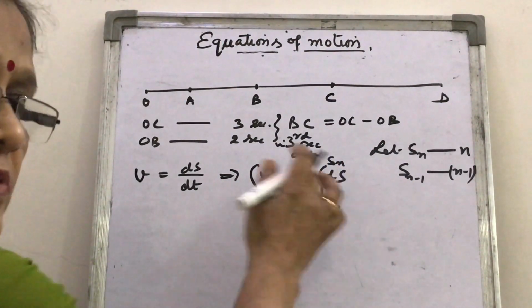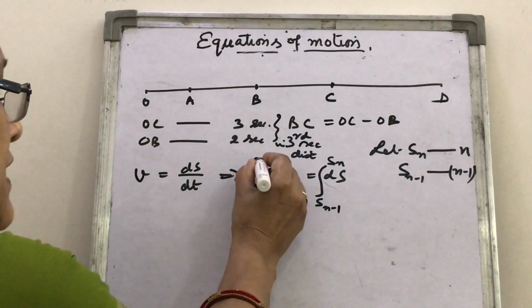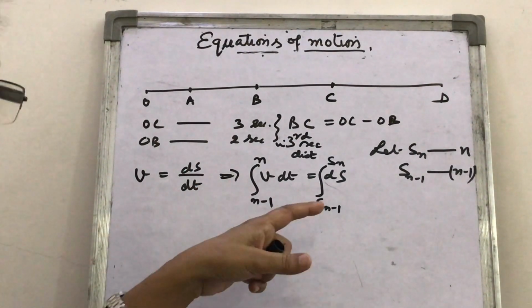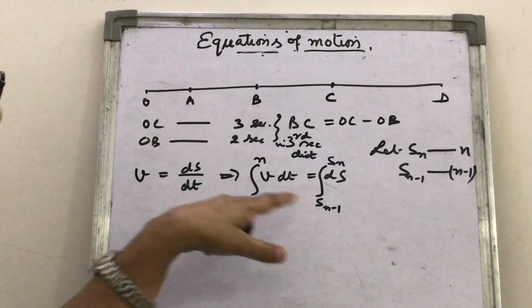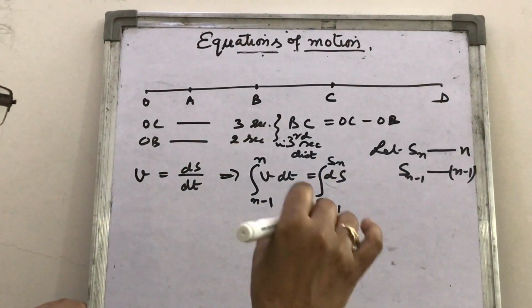For time, the limits are n seconds and n minus 1 seconds. First you decide the limits, then the method. How will you apply it? We have seen earlier in those three equations.